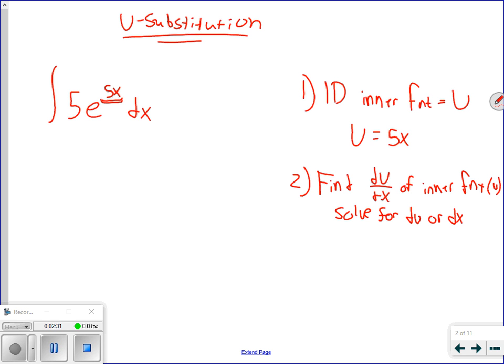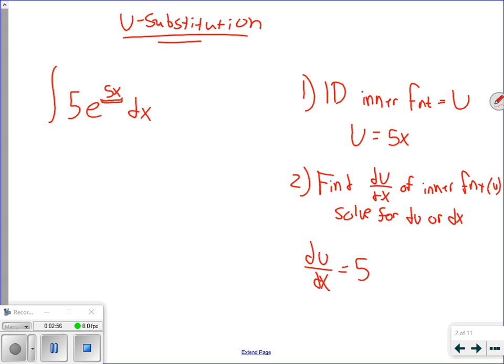Let's do it right now. So we got du over dx equals, and the derivative of 5x is just 5.